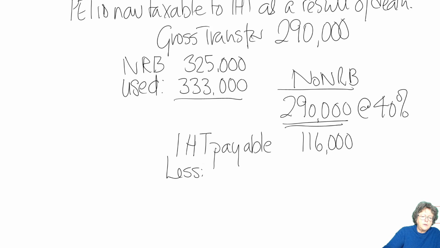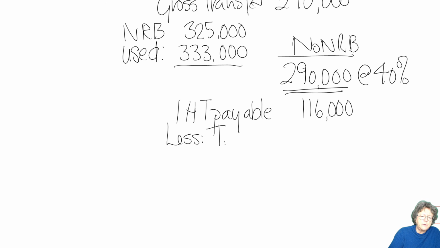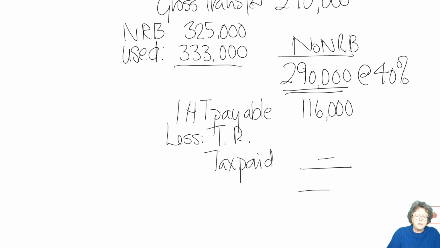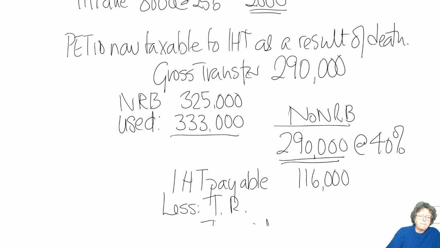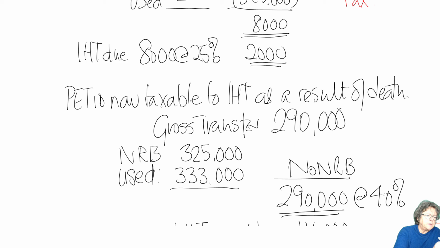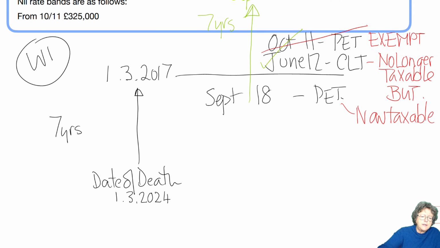Now, if you do this, you need to do two things: one, taper relief, and one, tax paid. Now, we know there's no tax paid because it was a PET. So the taper relief is something that we need to be looking at. And the taper relief covers the periods. Let me just check. Did they survive for more than 3 years?